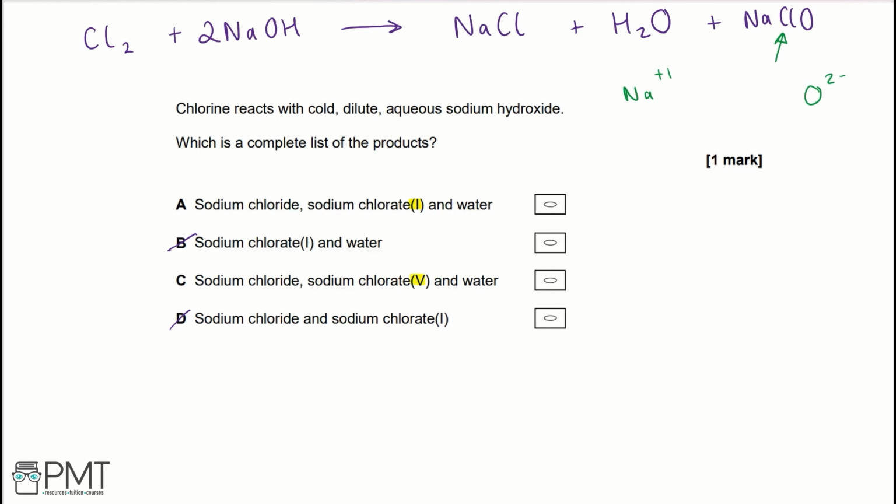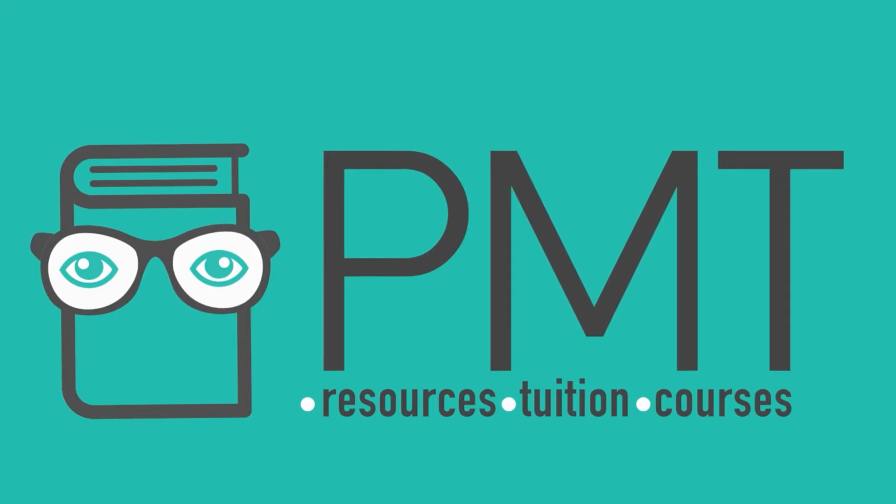And we want an overall oxidation state of 0 for this compound. So that means chlorine is going to have a +1 oxidation state as well. So that means our answer is A because it's sodium chlorate 1. And so to get the mark for this question, you need to circle the box that corresponds to A.